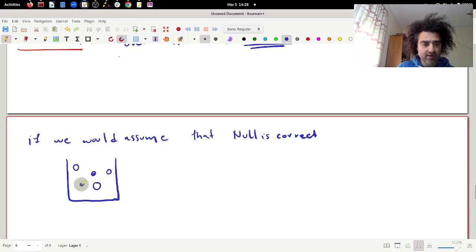I will draw it like that, and I will explain later why some are filled and some are empty, some are blue and some are white. I have 50,000 balls here.